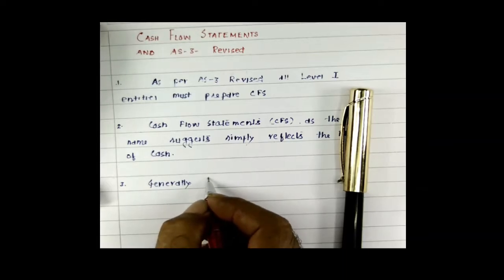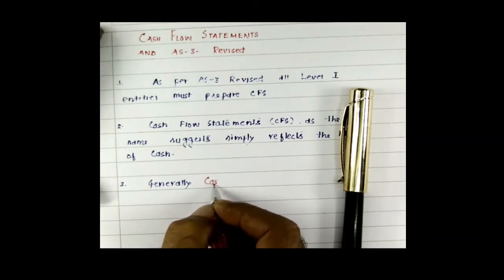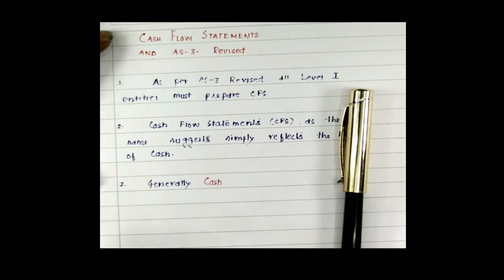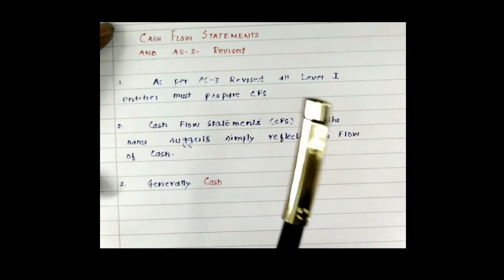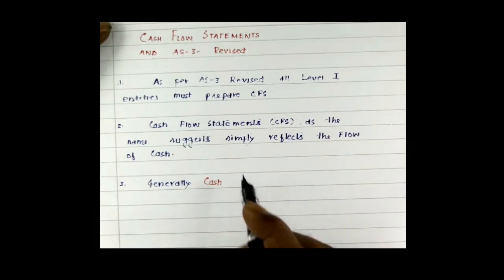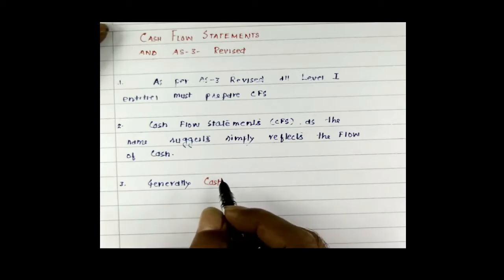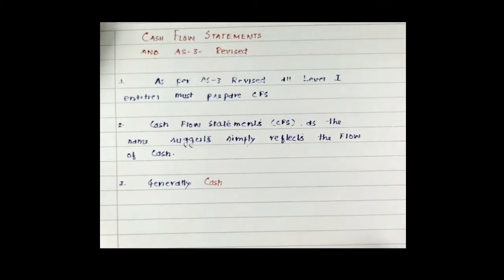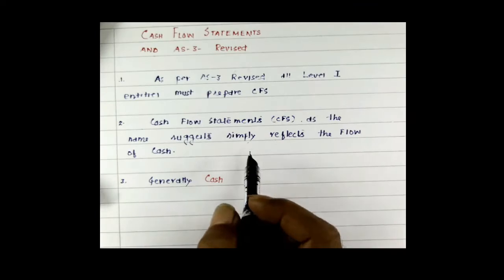Generally, cash, it means we are defining cash. What exactly cash means? Two terms are quite vital: cash and its equivalent. You have been using these terms so many times, but I have seen most of the time a student even sometimes falters when asked to explain the meaning of cash.